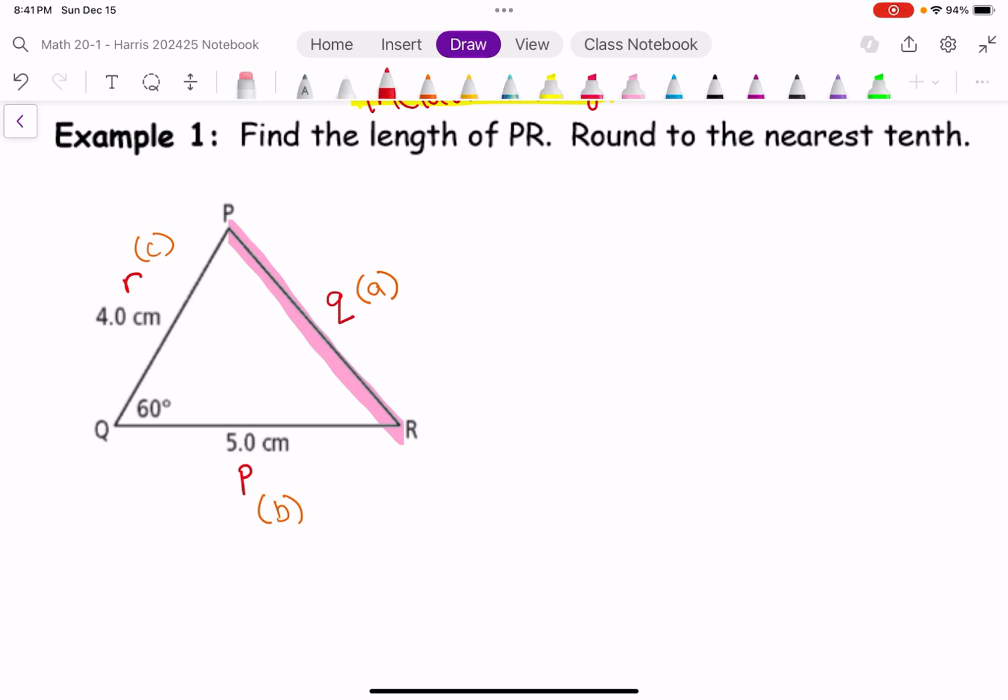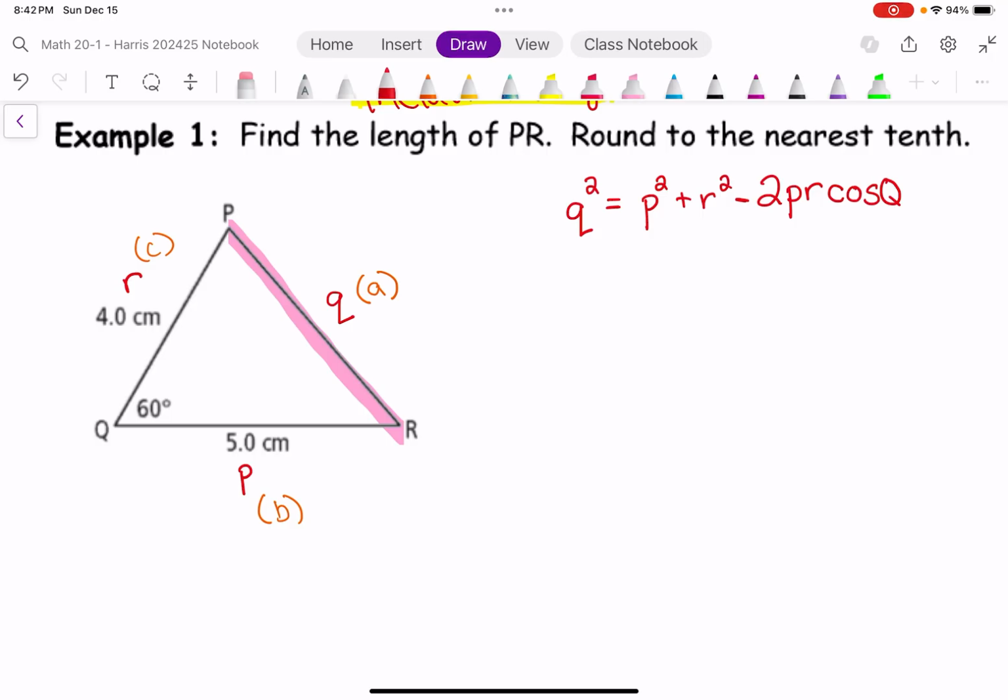So let's write this out. My formula was, because I'm looking for side length, Q squared is equal to b squared, which is going to be my P squared, plus my c squared, which is my R squared, minus 2 times P times R times cos of Q, which is technically cos of that a.